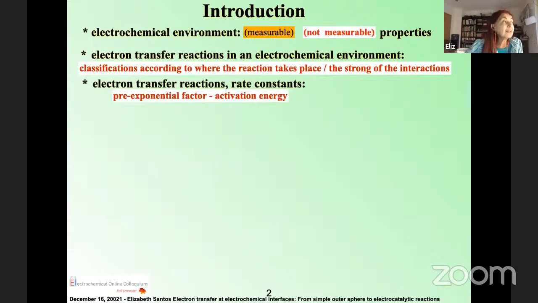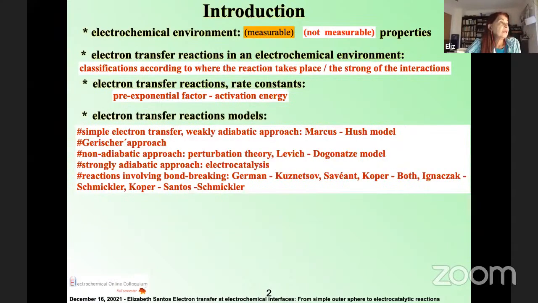An important issue is also that we have a rate constant, and we have not only the activation energy, but also a pre-exponential factor. And then I want to mention some things about that. Then I show you the different models of electron transfer at the electrochemical interface that are in the literature.